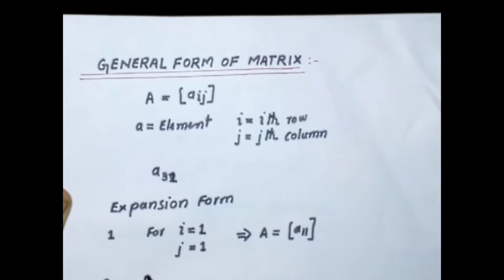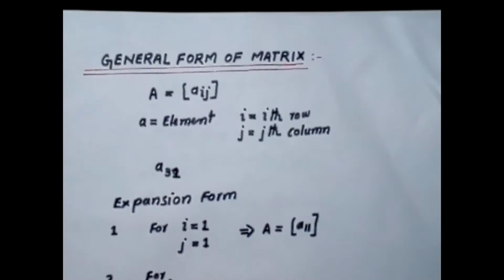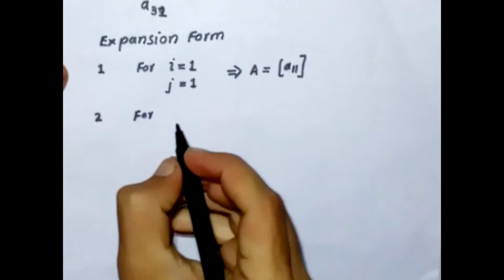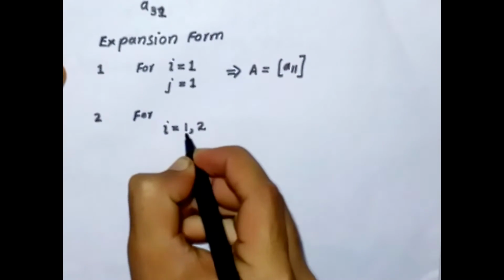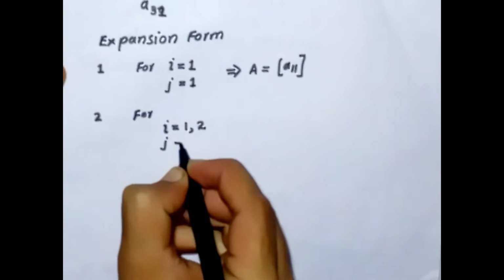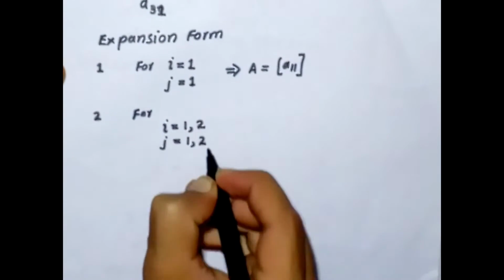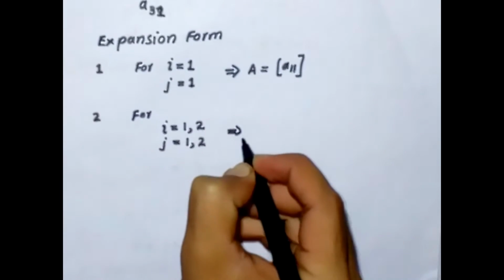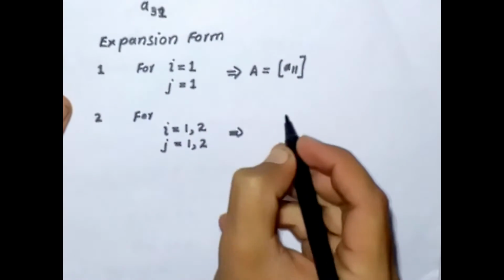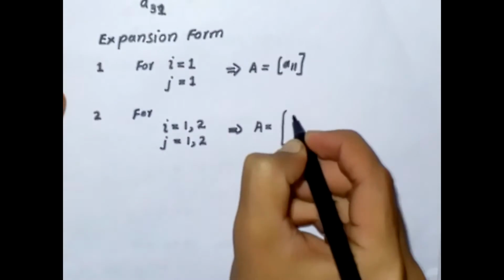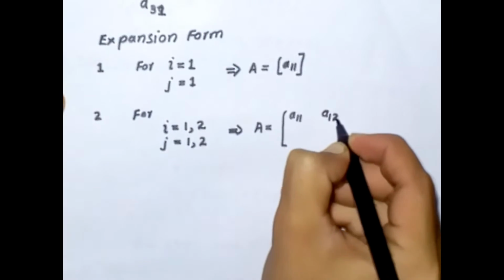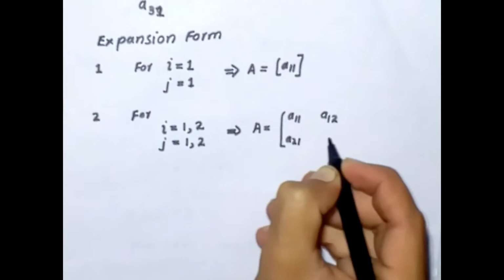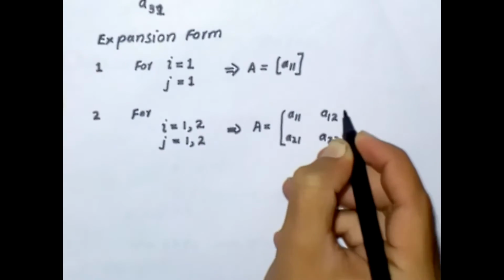Number 2, if a matrix has two rows, 1 2, and two columns, then this general matrix implies a11, first row first column, first row second column, second row first column, second row second column.